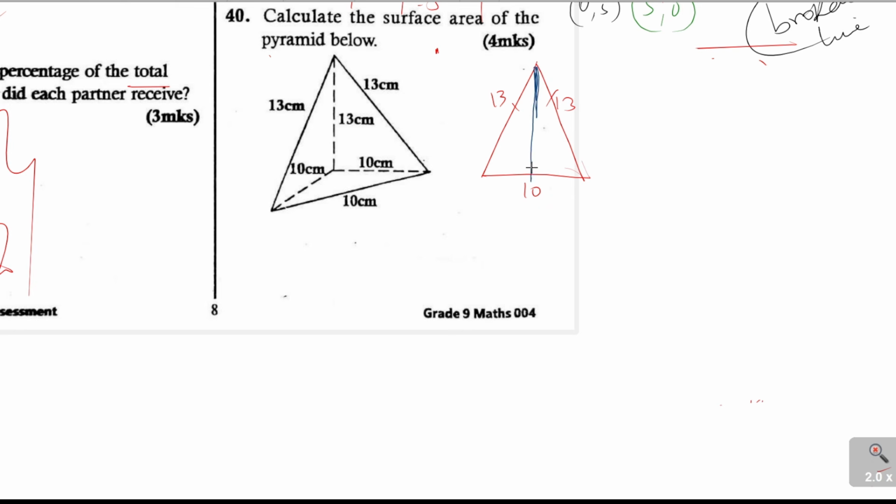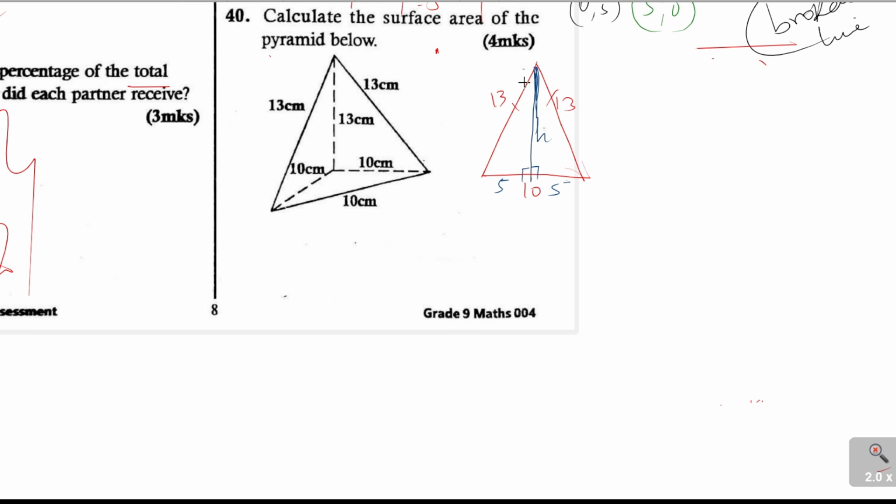There are other formulas that you can use, but I like us to use half base times height. So if this is an isosceles triangle, and I draw a perpendicular bisector from this point, it will divide this base into 2, I'll get 5, 5, and it will give me a right angle triangle. So this will form the height of that triangle.